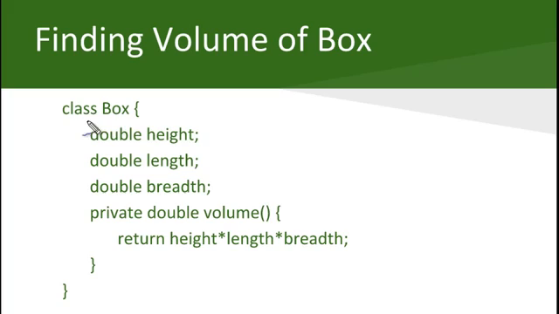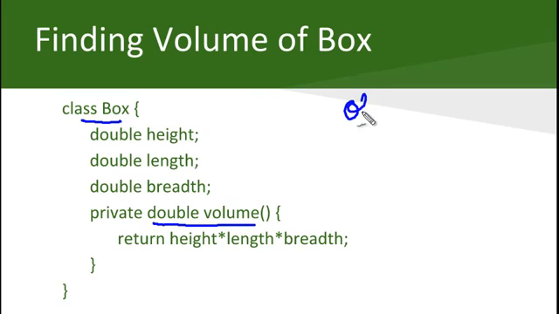Now let us take our example of the class Box and add a method to it. Earlier we found out the volume in the main method, but this time we'll be calculating the volume in the class itself, and it will become a method.